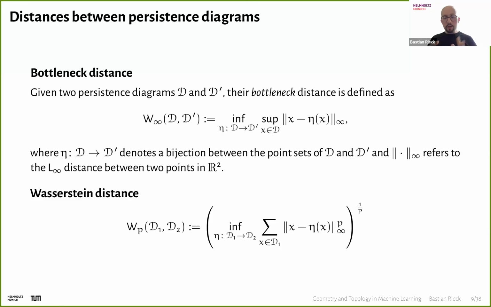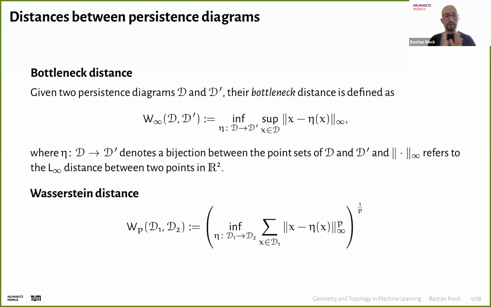Now, I don't want to go into the proof details here, of course, but computational topologists like this method specifically because you can also have distances between those persistence diagrams. So you get a proxy way of looking at your data by projecting it essentially into this space of topological features. You get ways to then compare your objects in this topological representation. There are two interesting distances. They're very much related.